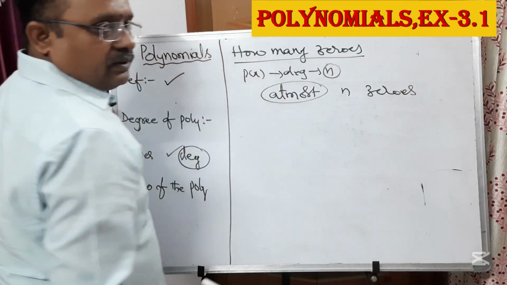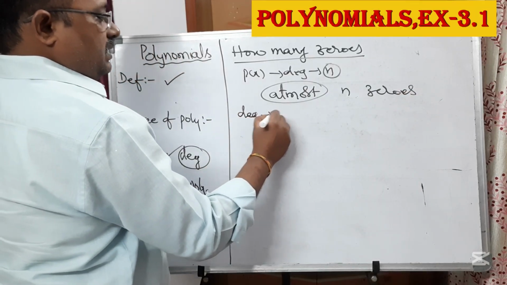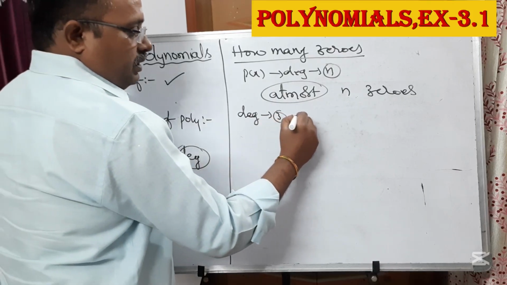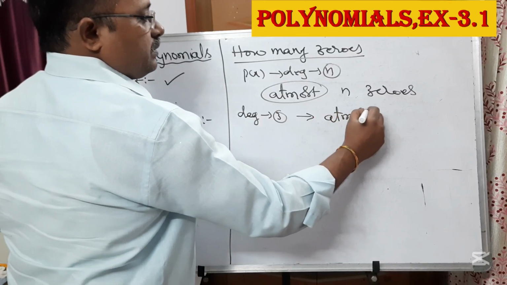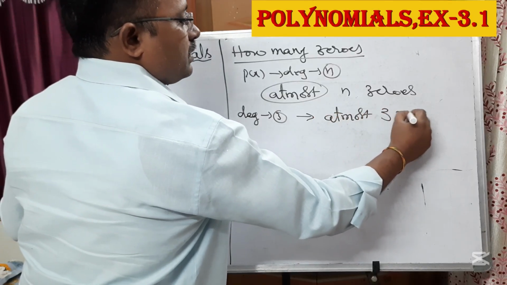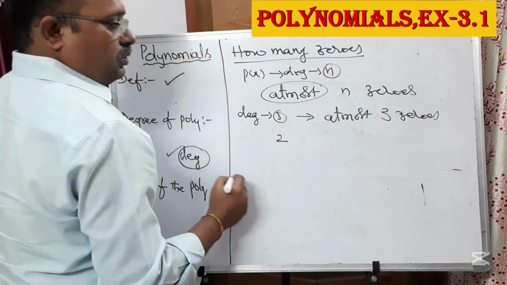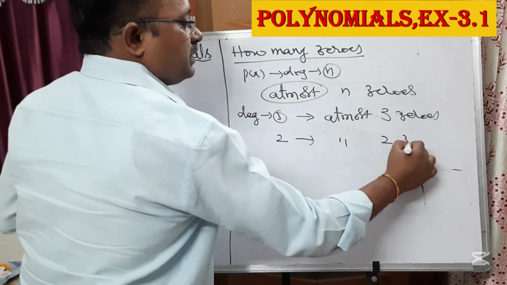That means if the degree is 3, a cubic polynomial, then that cubic polynomial will have at most 3 zeros. If degree is 2, that polynomial will have at most 2 zeros.